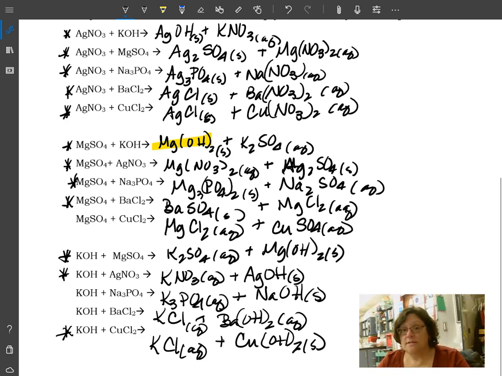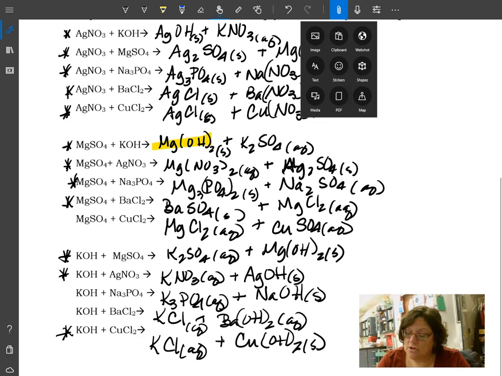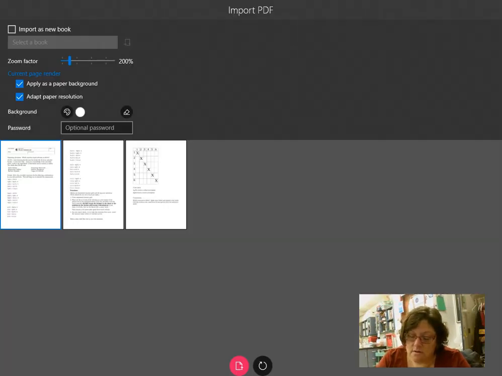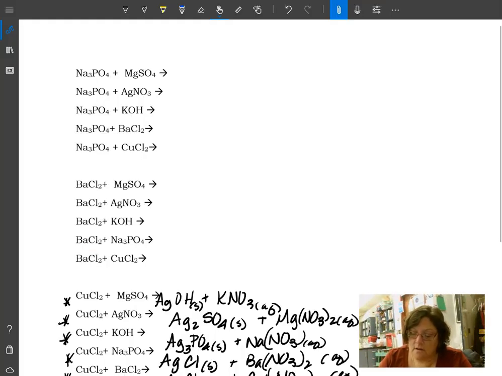So for that set, we should have 3 reactions and 2 that do not have a reaction. All right, the next page. And let me erase my ink.